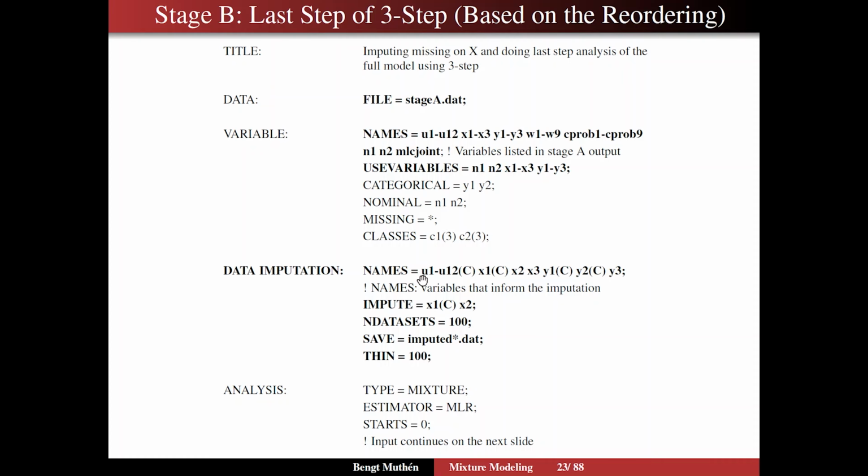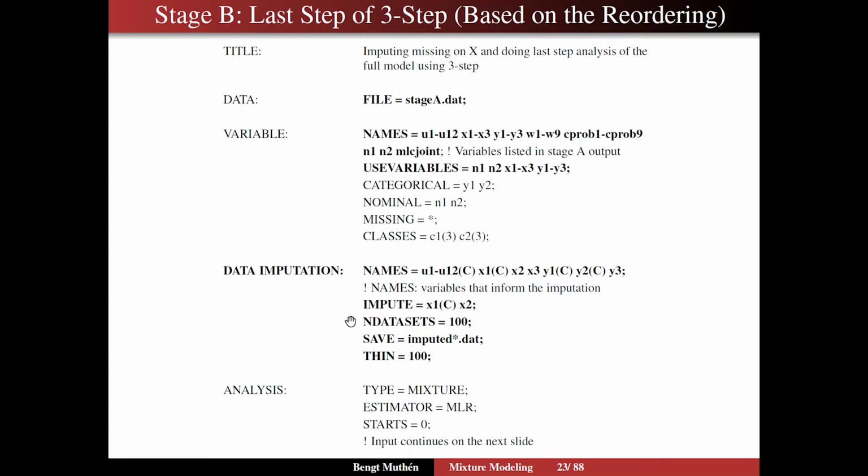So we specify what kind of variables they are, categorical for U1, U2, and for Y1 and Y2. And we impute X1 and X2, and X1 is imputed as categorical, in this case binary. So here's the imputation approach that actually does take into account that X1 is binary. Again, I talk more about that in Webtalk 8.